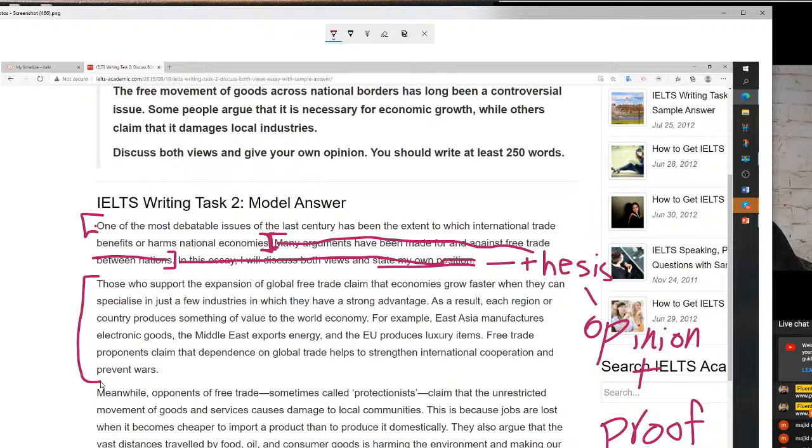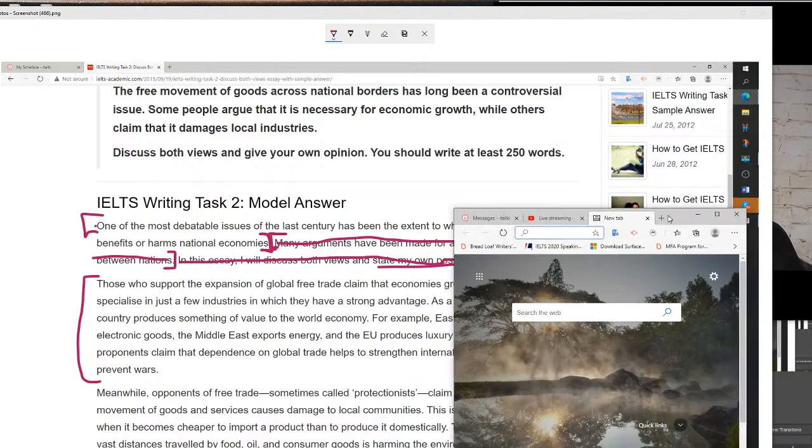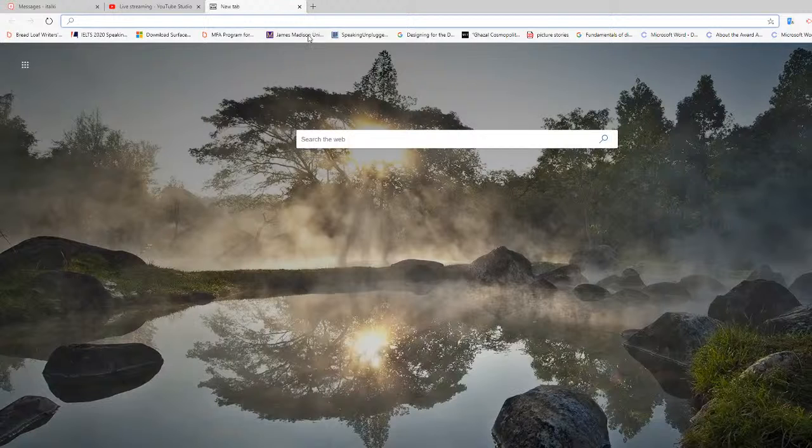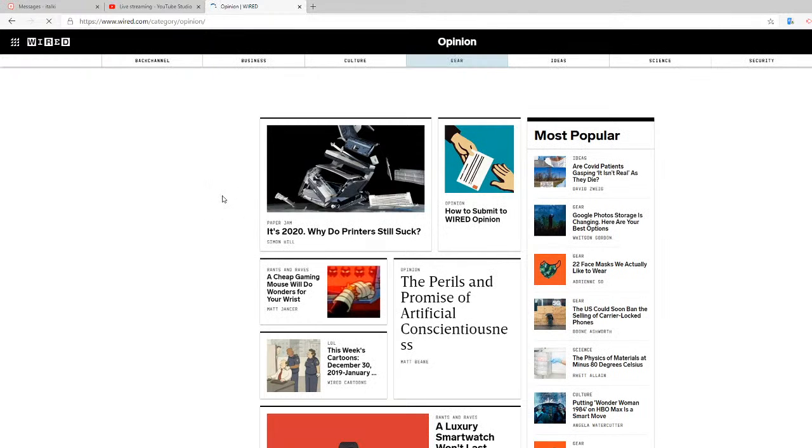Another thing you can do is also check out opinion articles like op-eds. If you go to newspapers, let's give a quick example, I was using Wired with another student recently. Okay. So most major newspapers have a section that's called opinion.